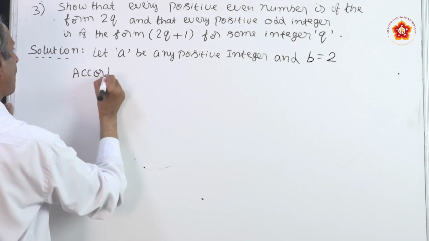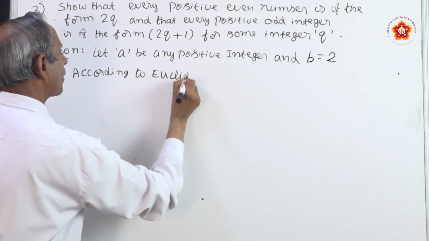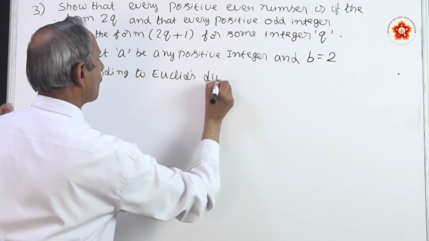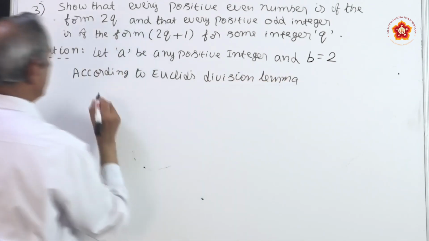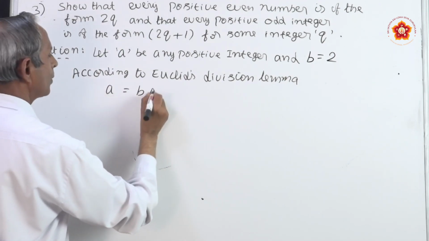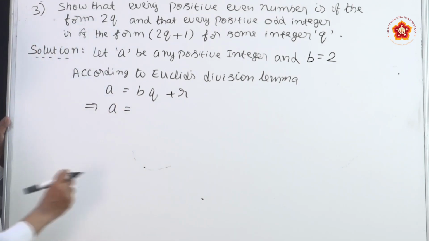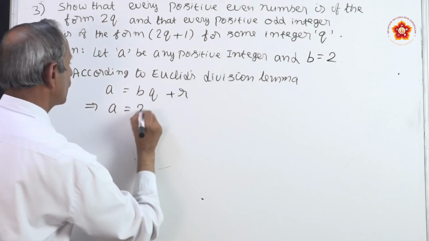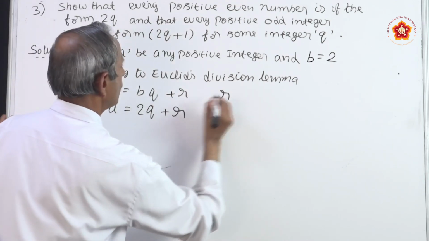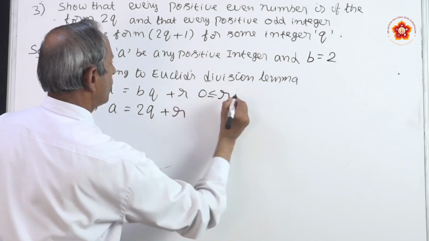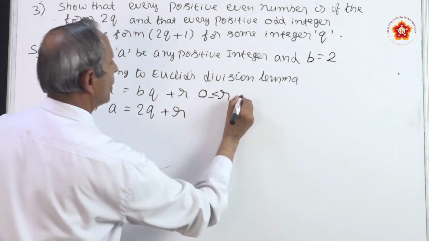According to Euclid's division lemma, A is equal to BQ plus R. That implies A is equal to, we have taken B value as 2, therefore you will get 2Q plus R. Here one condition is there, R should be greater than or equal to 0, but lesser than 2.